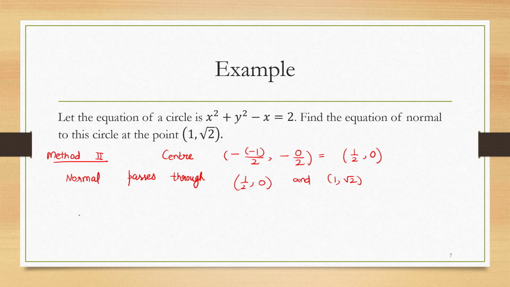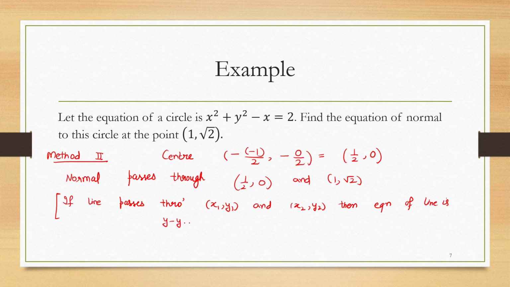Now we can use 2-point form of equation of line. So what is 2-point form? If line passes through 2 points x1, y1 and x2, y2, then equation of line is y minus y1 is equal to y2 minus y1 by x2 minus x1 into x minus x1.